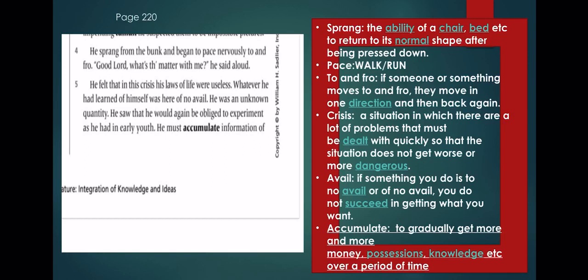"He was an unknown quantity. He saw that he would again be obliged to experiment as he had in early youth. He must accumulate information of..." We're going to continue next lesson, but when he is confused, he noticed that everything, the laws of his life, whatever principles he had, all remained of no avail.